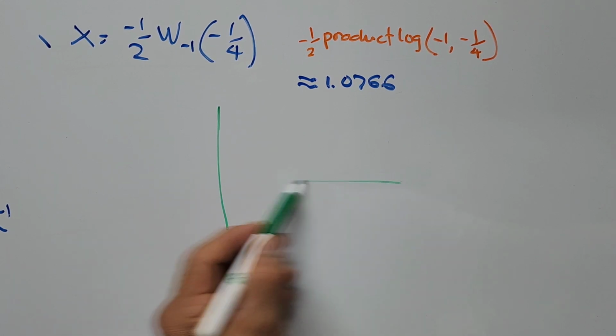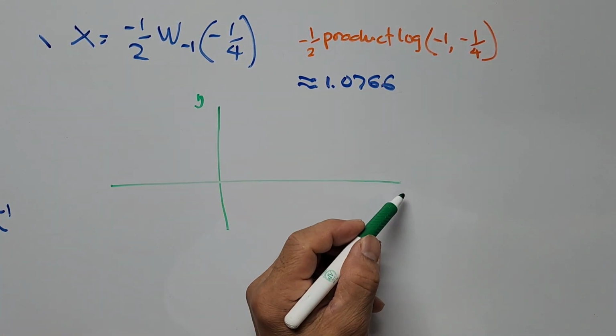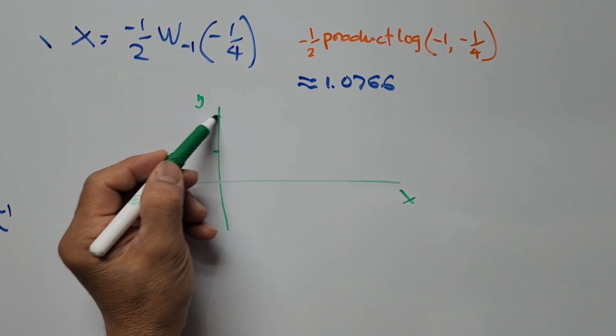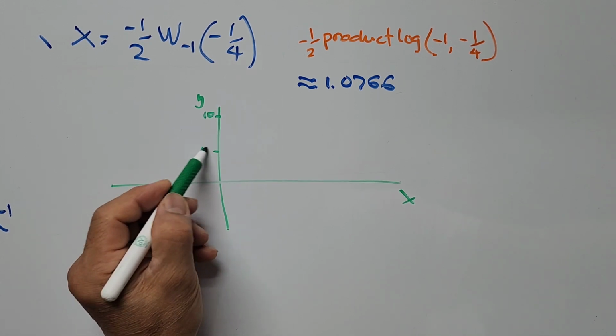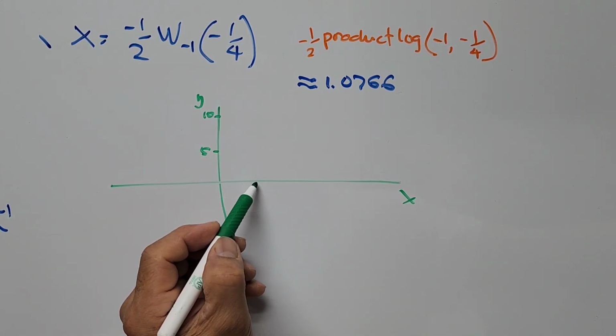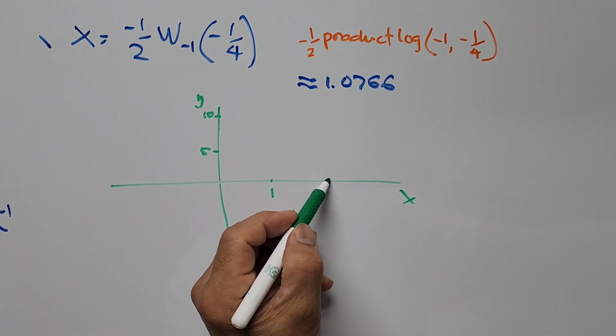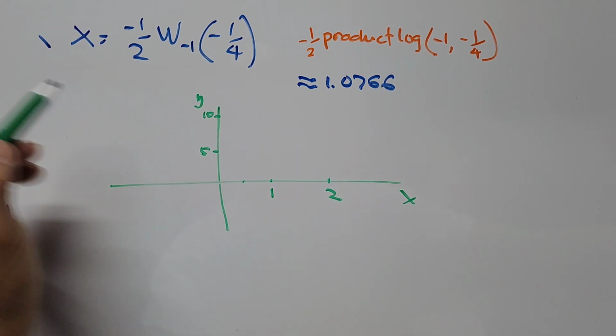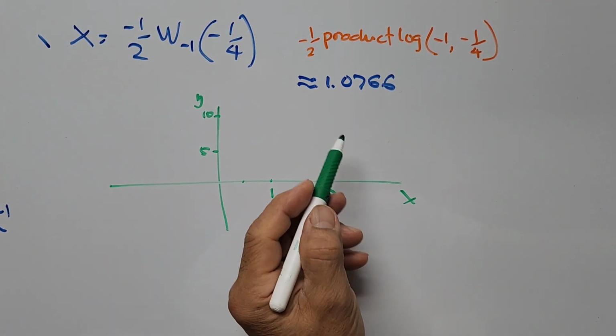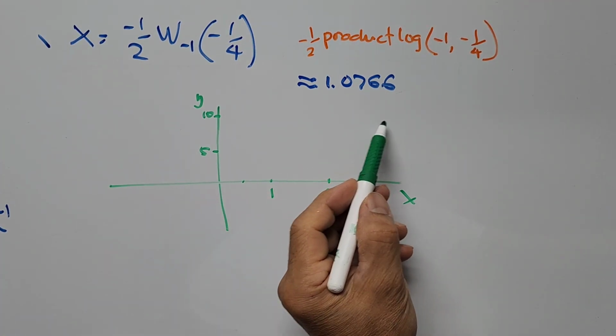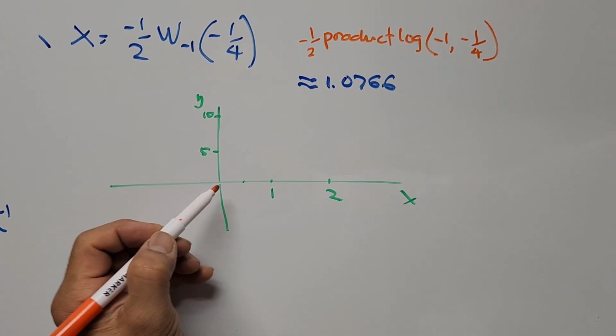And if we take a look at the graph of our equation, we will have the y and the x-axis. So you got 10 mark on the y, and this 5, and let's say here 1, and it's 2. The line 8x is, let's say, somewhere here, crossing the origin.